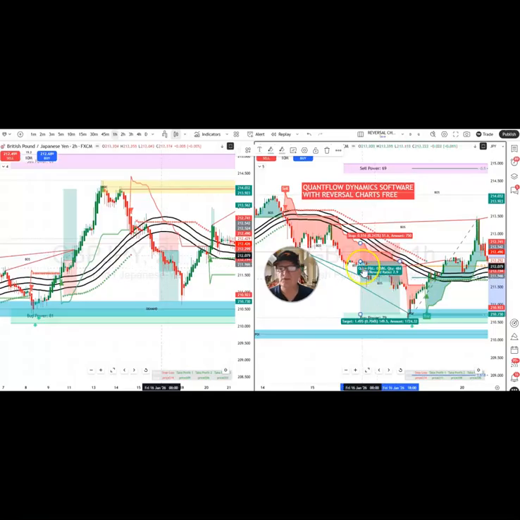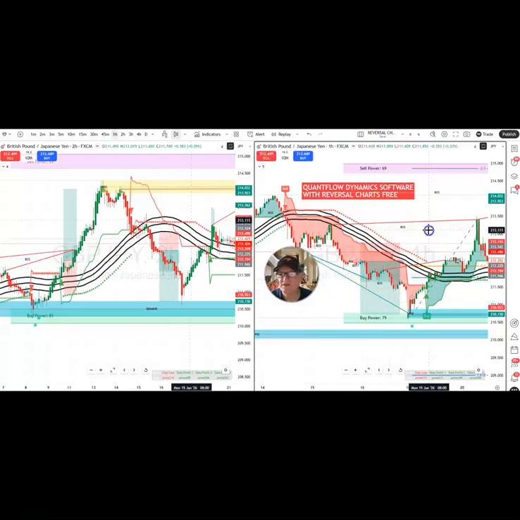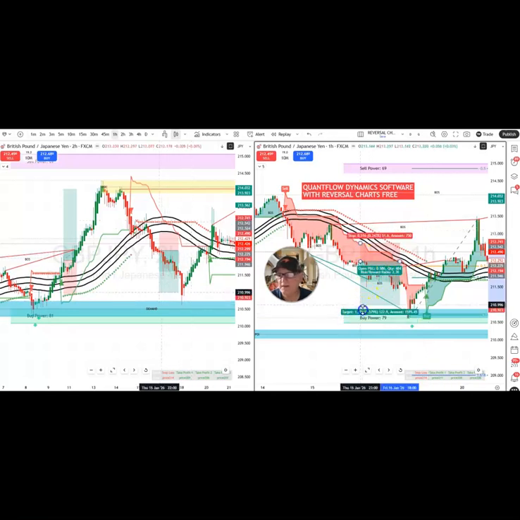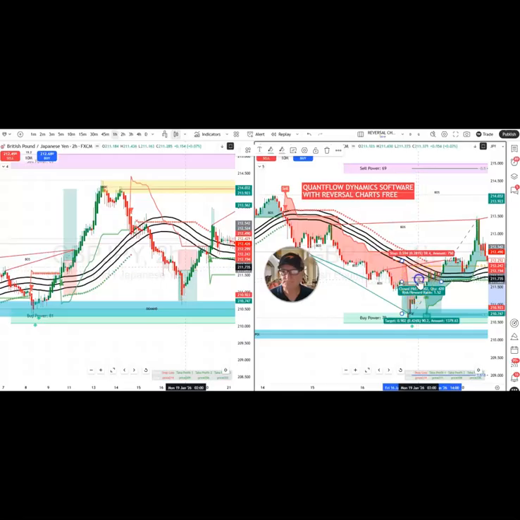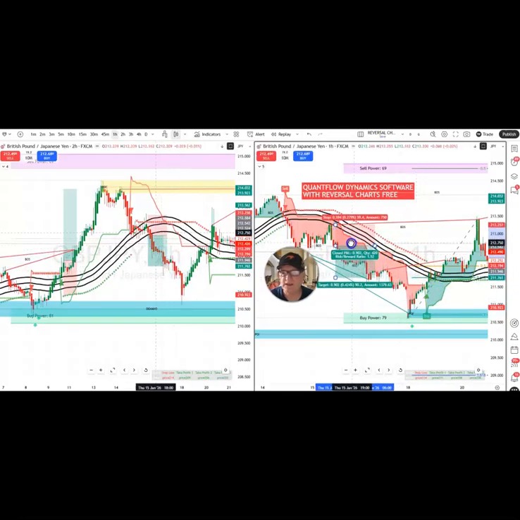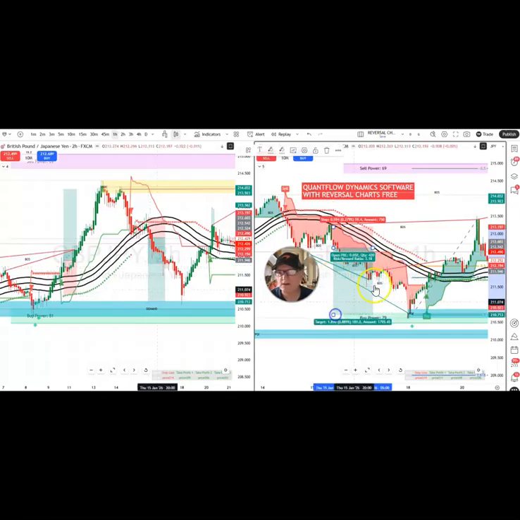So you want to make sure that the risk you're going to take measures the success that you're going to get from it, if that makes any sense. 1 to 1 at this point here, that's 1.45. If you're happy with 1.45 with a 90 pip target, then please do that. But the point of this is to get into the entry point on the breaker structure if you can, and maximize that profit down to target.